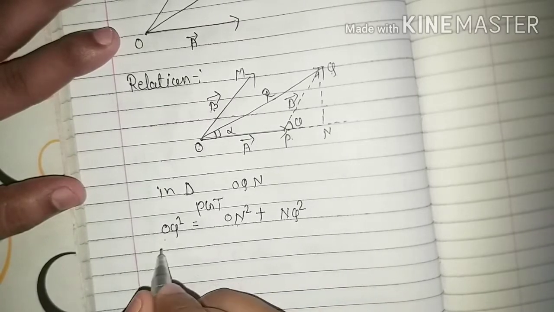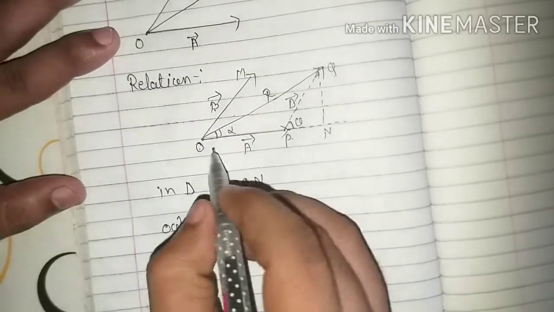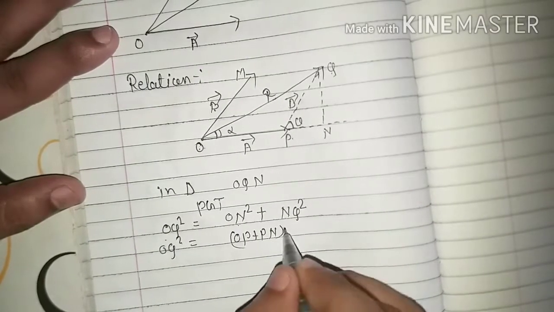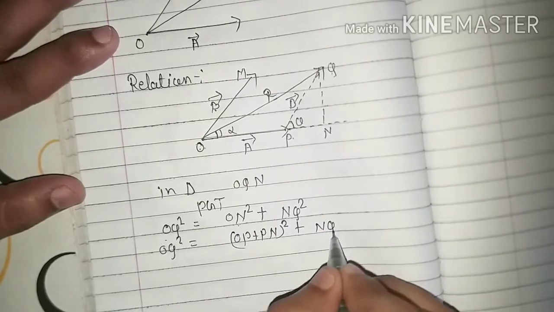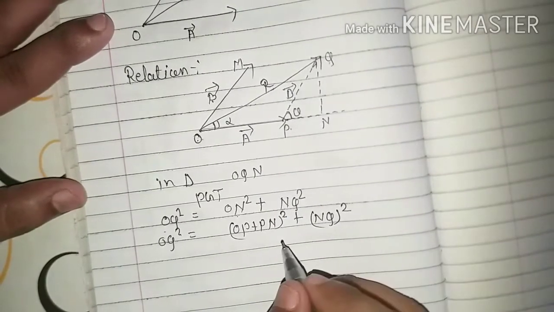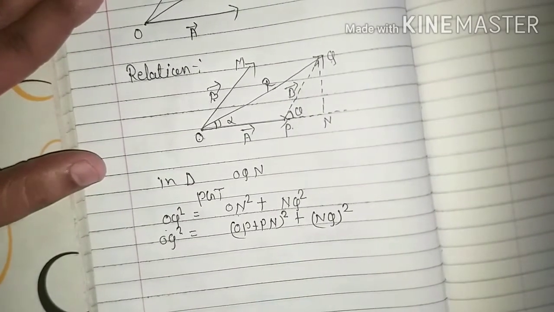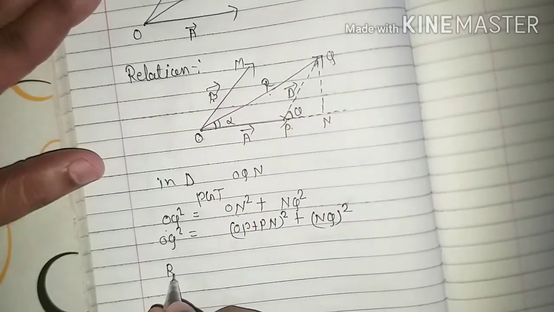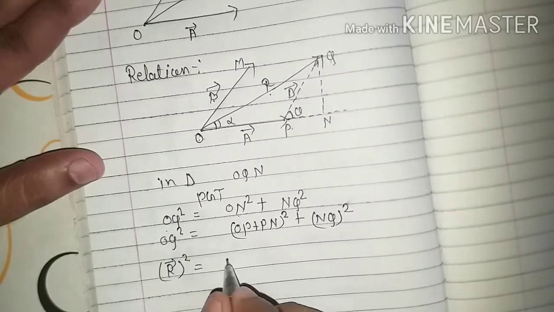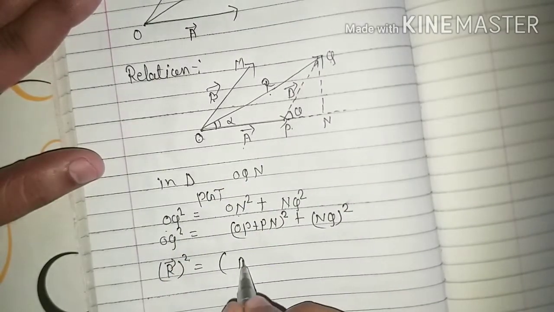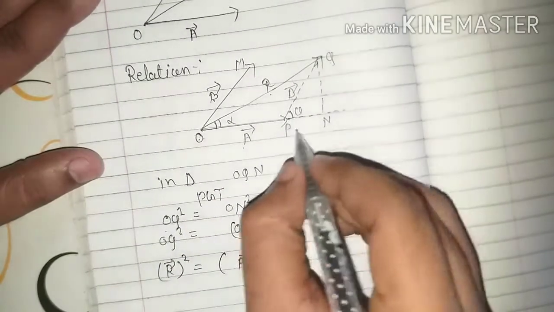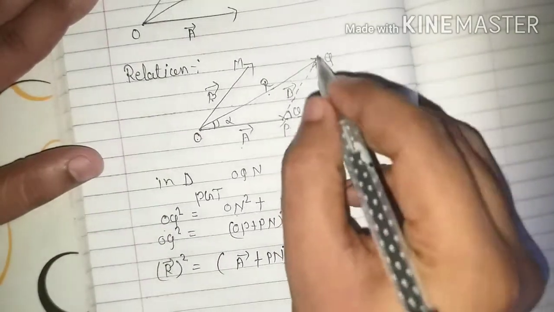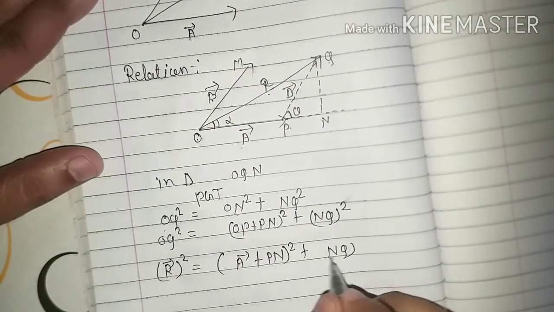Now OQ square as it is, ON is the sum of OP plus PN, whole square, plus NQ square. We do not have the value of OQ, we have the value R, so vector R whole square. OP we have the value, vector A. PN we do not have the value, so we write it as it is, and NQ we also do not have the value.